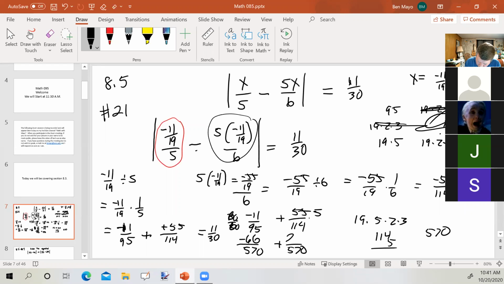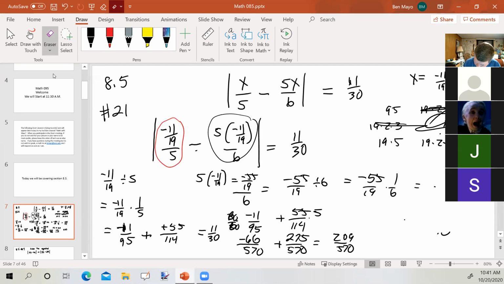Is that 275? And what's 275 minus 66? That's 209 over 570. I'm very skeptical here. That's supposed to equal 11 over 30. I'm very skeptical of my work here.